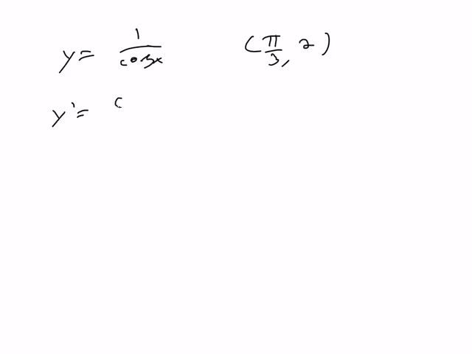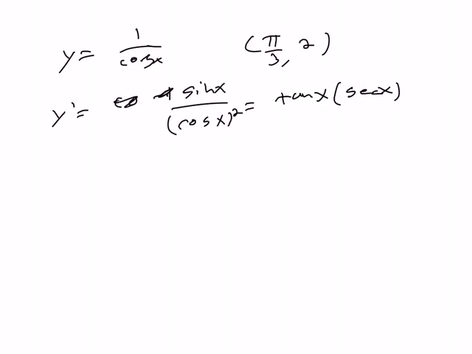So now we're going to get negative 1 times negative sine, so that's sine over cosine x squared, which is the same as tangent x times secant x, which is one of the proofs. This is also problem 18, that secant, its derivative is this.